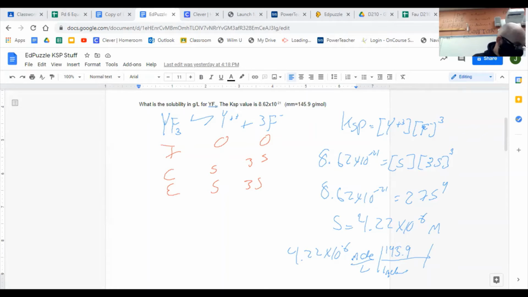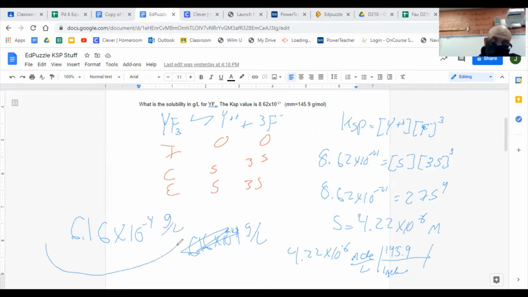We get 6.16 times 10 to the negative 4th grams per liter, and that's a negative 4. Let's write that again. That's atrociously sloppy. That's 1 and 2.